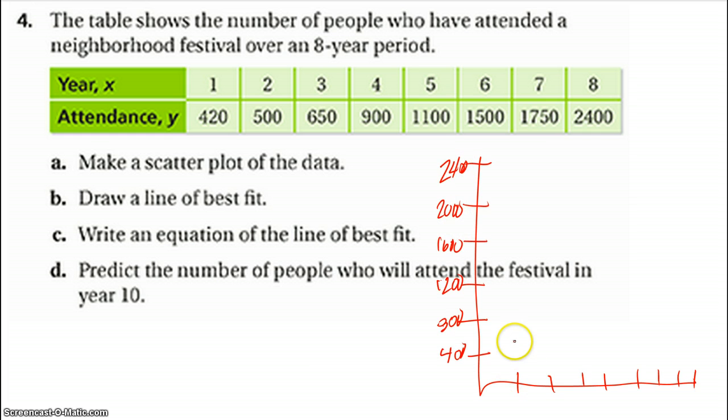So over 1 up 420, over 2 up 500, over 3 up 650. Okay, so my line I'm going to draw it somewhere in here. Okay, so I just graphed it, I drew a line, write the equation.